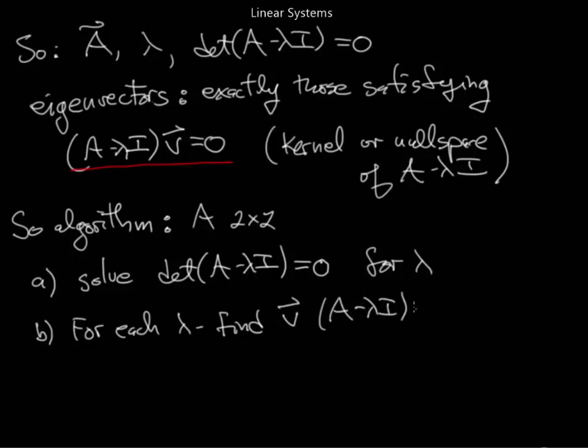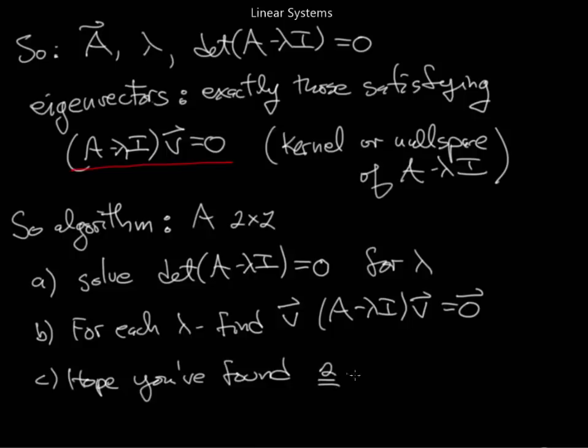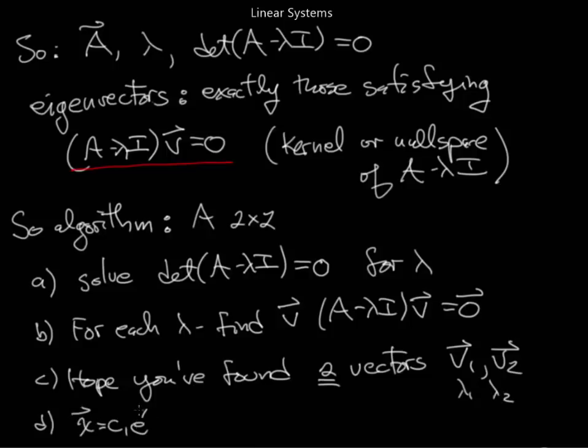That is to say, there is an eigenvector for the eigenvalue lambda found by solving this equation. And then you just hope that you found two vectors this way. That's what I said earlier, you want to find two, and we'll come back to that. Maybe you might not be able to. But assuming that you did, then you've solved the differential equation. The general solution is of this form.